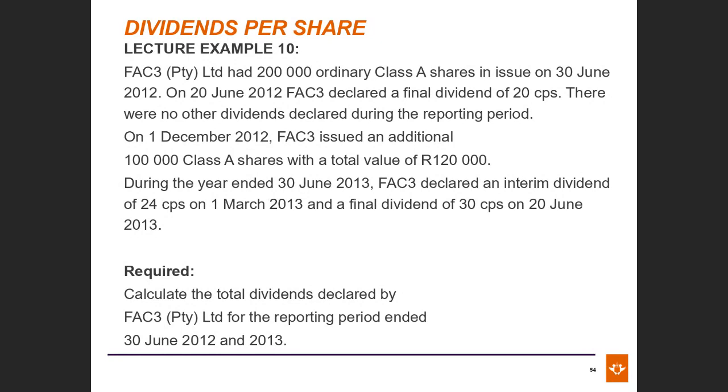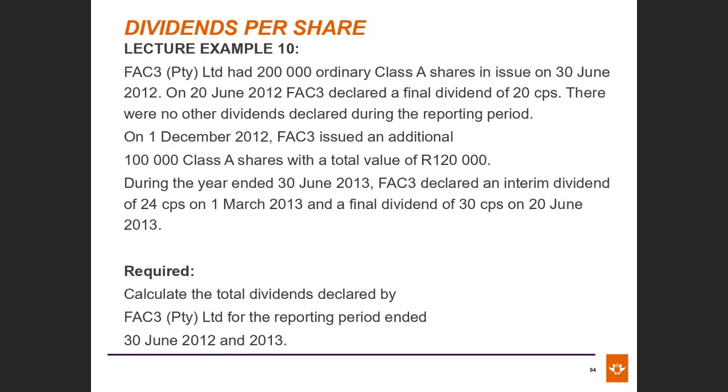They issued an additional 100,000 shares. So in 2013, not only did they have the 200,000 shares, but they actually had 300,000 shares because there was a new issue. So in 2013, we have 300,000 shares times 24 cents, which is the interim dividend.